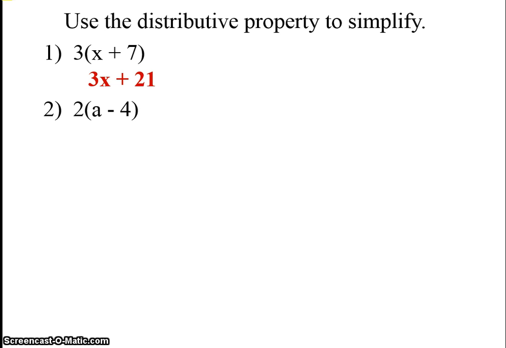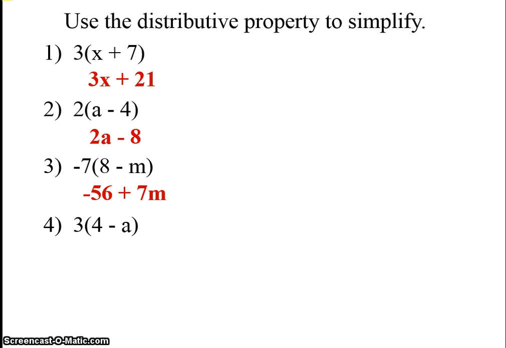So 2 times a is 2a, and then 2 times negative 4 is negative 8. Negative 7 times 8 is negative 56. Negative 7 times negative m would be positive 7m. And then 3 times 4 is 12, and then 3 times negative a is negative 3a.